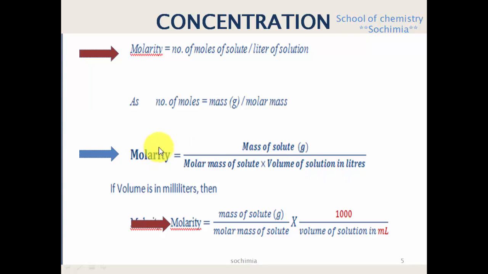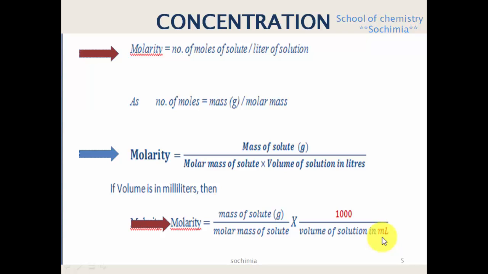In this expression, we have molarity, mass of solute, molar mass of solute, and volume of solution. So all these 4 components are there. We can calculate any one of them if we have the values for the other 3 components. Alright, if the volume is not given in liters, for example it is given in milliliters, then alternatively we can use this formula: mass of solute in grams divided by molar mass of solute, into 1000, divided by the volume of solution in ml.